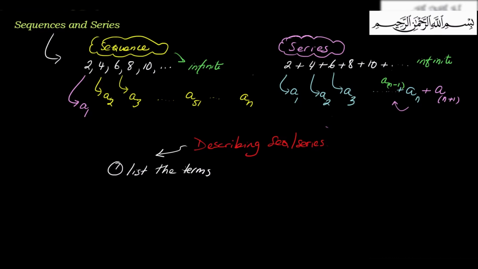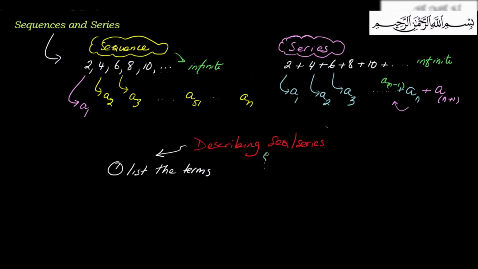This is also especially useful if it's a finite sequence or a finite series. You just list all the terms, and if it's an infinite series, you put an ellipsis, and assume that the reader is able to derive the remainder of the terms based on the pattern that you have demonstrated.